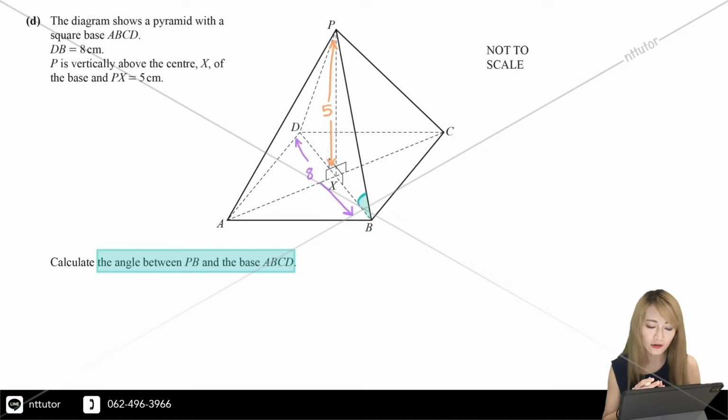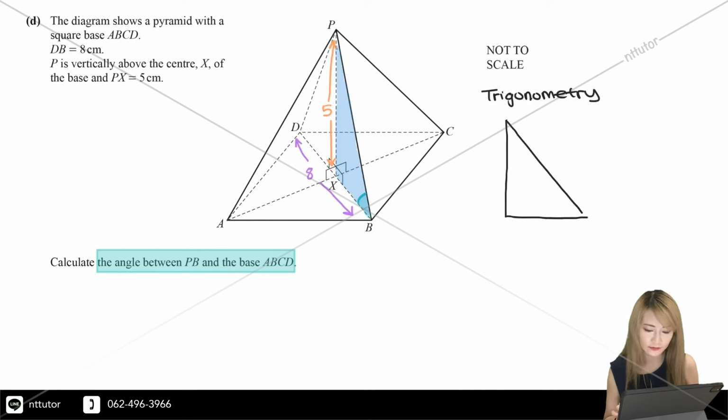So we have a lot of triangles inside this pyramid, and we're trying to find the angle. The triangle is a right angle triangle, so we can definitely use trigonometry with this. So if we look at triangle PXB over here, it's a right angle triangle like this, where we're trying to find angle PBX. So we have PX, which is 5.